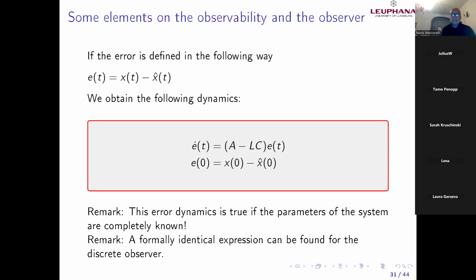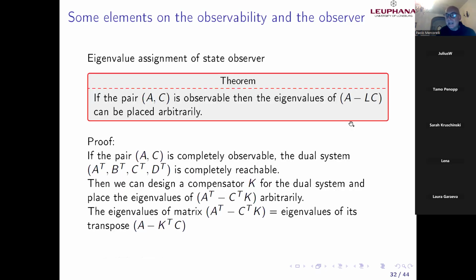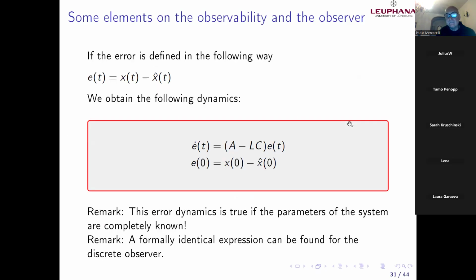Now we will see with MATLAB, for the students who are not used to this language, students who belong to different courses, that MATLAB can calculate exactly these parameters, which are the eigenvalues of the matrix A minus LC.